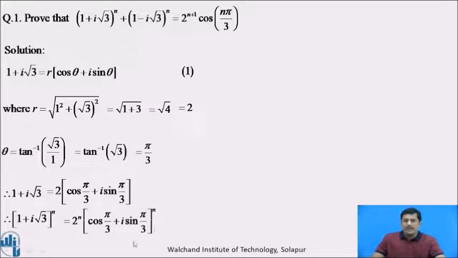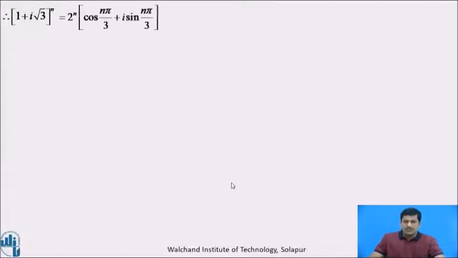This is equivalent to the statement of De Moivre's theorem, (cos θ + i sin θ)^n, and applying De Moivre's theorem is nothing but bringing this power as a coefficient of these angles. After applying De Moivre's theorem, we have obtained (1 + i√3)^n is equal to 2^n (cos(nπ/3) + i sin(nπ/3)). Call it equation number 2.